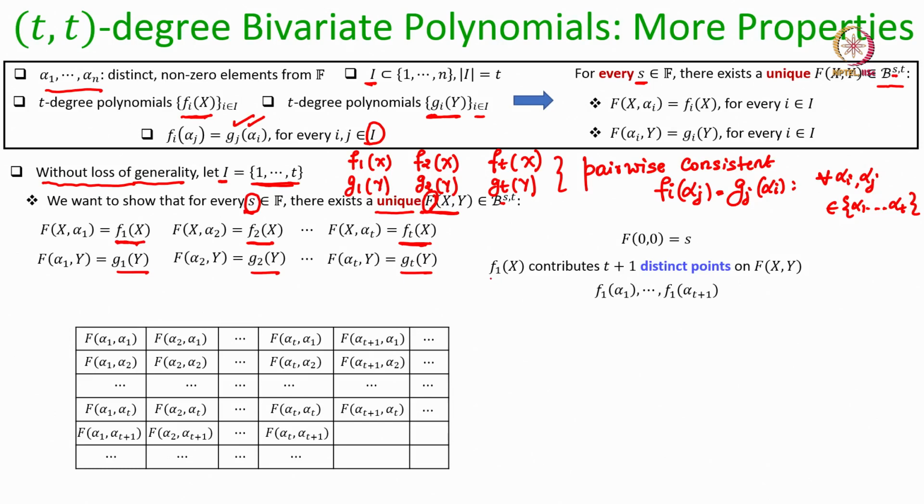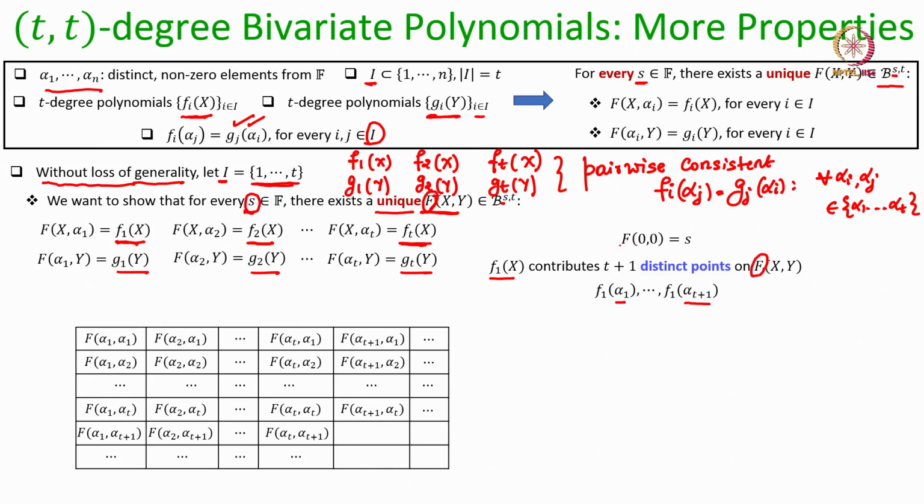Now, if I evaluate this polynomial f_1 of x further at x equal to alpha_1, alpha_2, up to alpha_(t+1), then they contribute t plus 1 distinct points on that unknown bivariate polynomial.